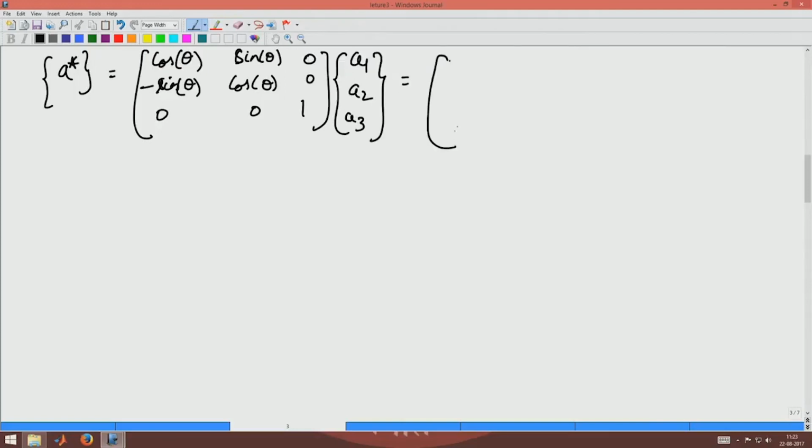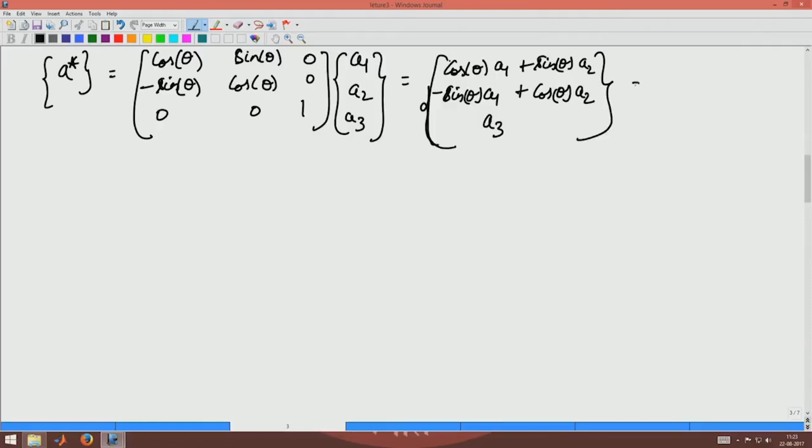So, this will be cos theta into A1 plus sin theta into A2, minus sin theta A1 plus cos theta A2, and A3. Okay. This is A1 star, A2 star, A3 star.